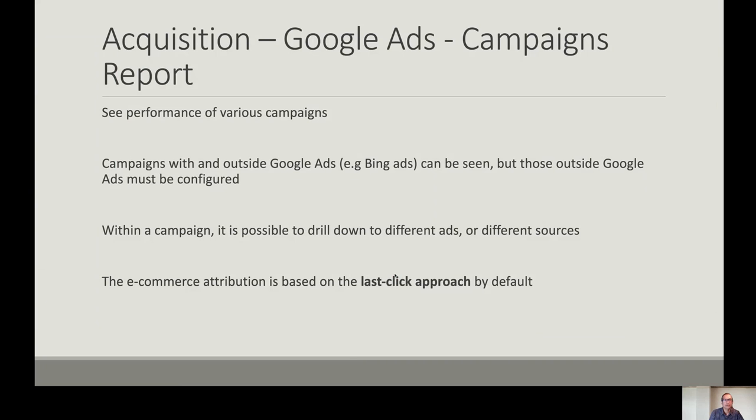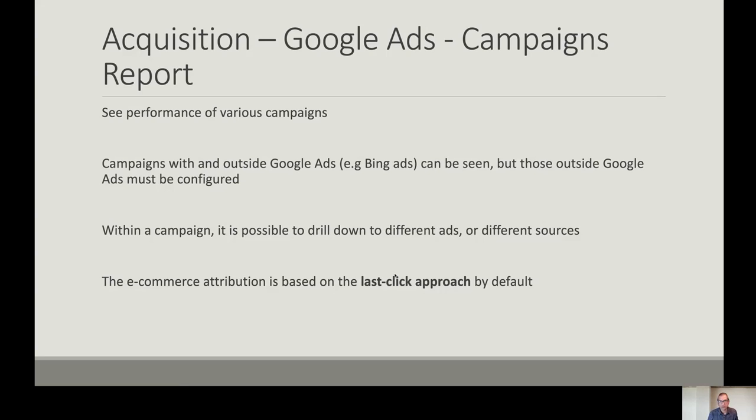We also have the campaigns report, and the idea of the campaigns report is to see information coming from different campaigns from Google Ads. That's a default. But you can also configure Bing ads, and by Bing ads I mean outside sources which are not Google sources.